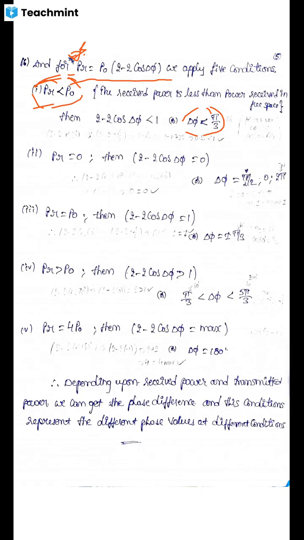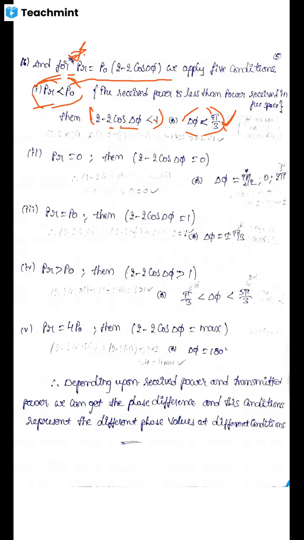Then if I take del phi equal to pi by 3 and substitute in 2 minus 2 cos del phi, then for del phi less than pi by 3 the expression I will get is less than 1. Pi by 3 value is 60 degrees, so take less than 60 degrees.